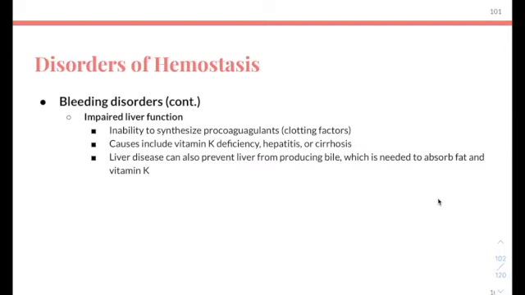You can get this from hepatitis or cirrhosis, which involve the liver. Liver disease can also prevent the liver from producing bile, which is needed to absorb fat and vitamin K. So liver disease can cause all kinds of problems.